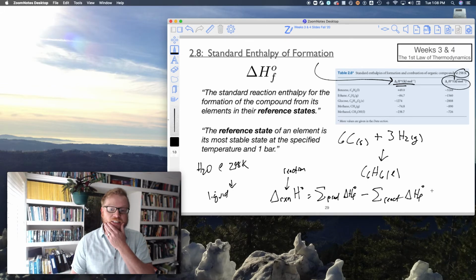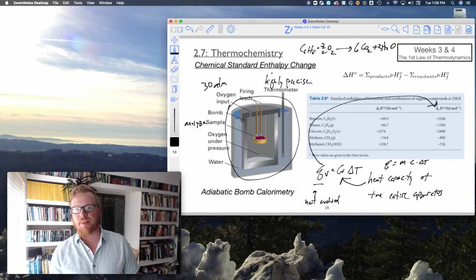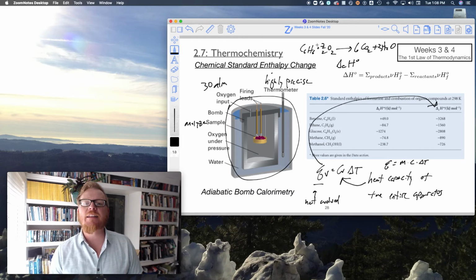So when we go to calculate the enthalpy of reaction, for example, if I was doing this equation right here and calculating the enthalpy of, let's say, combustion, I would need the standard enthalpy of formation of each one of these states.